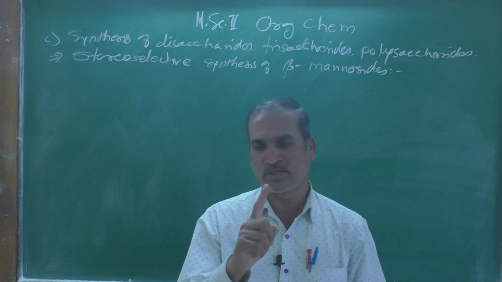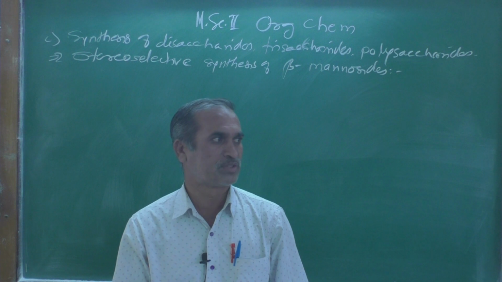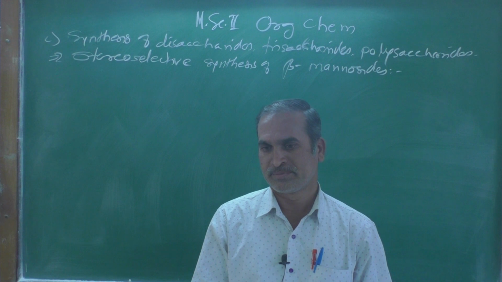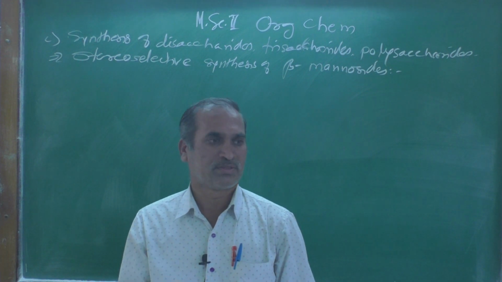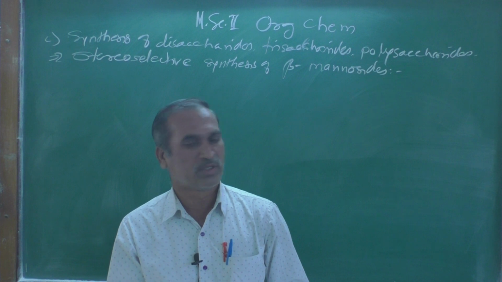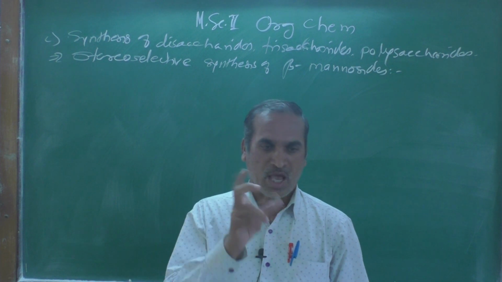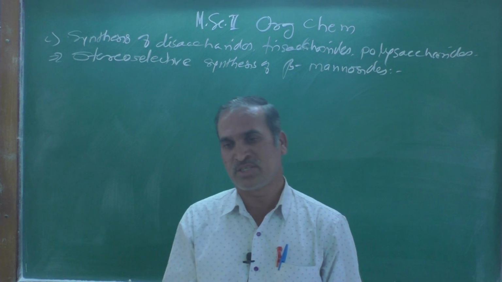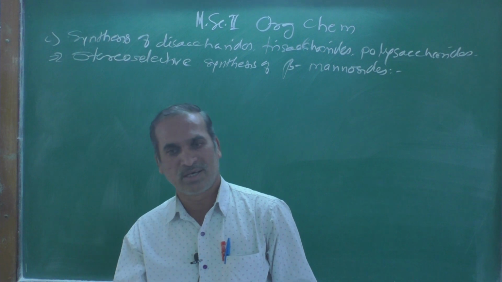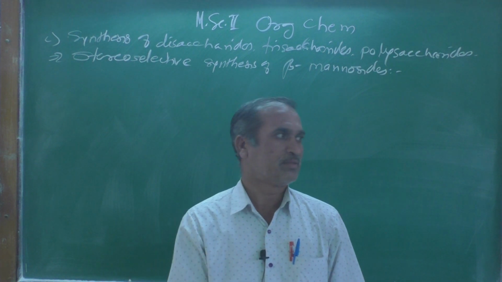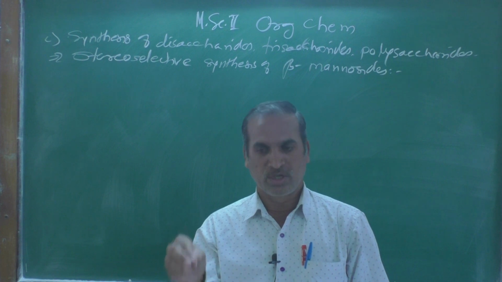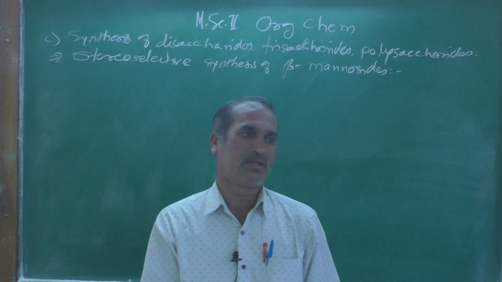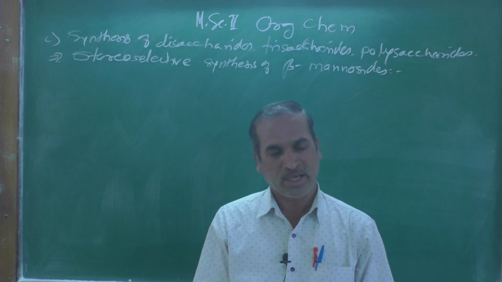If you observe the structure of lactose, here also one of the sugar units utilizes its anomeric hydroxyl group for the glycosidic bond formation, and the second sugar unit has a hemiacetal group present in it.